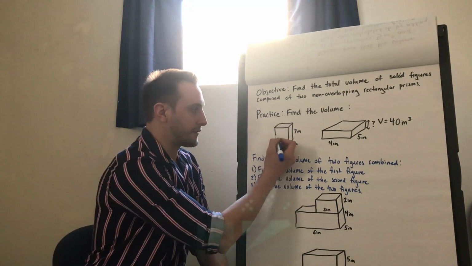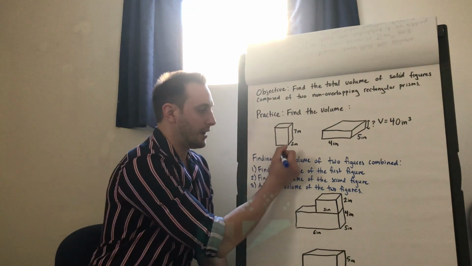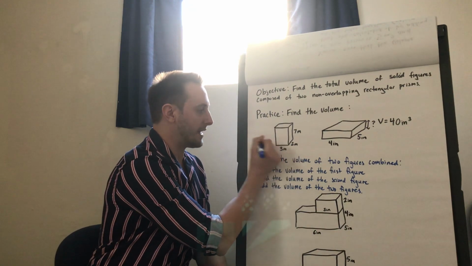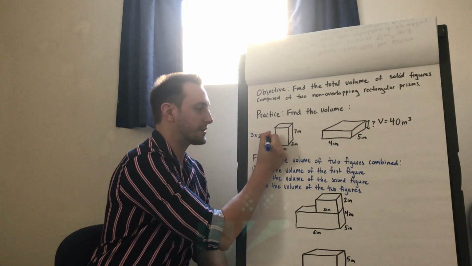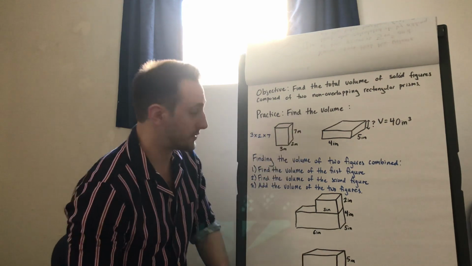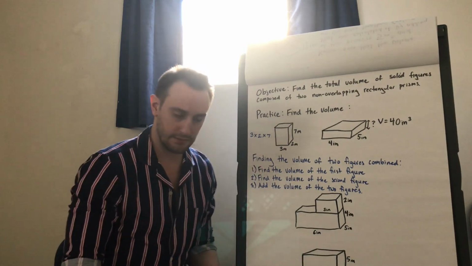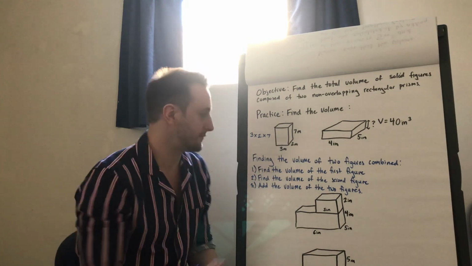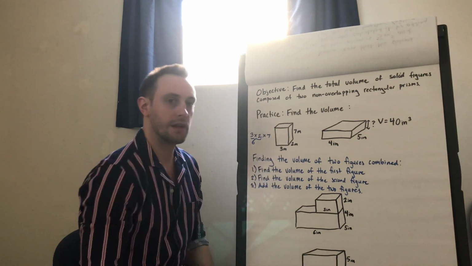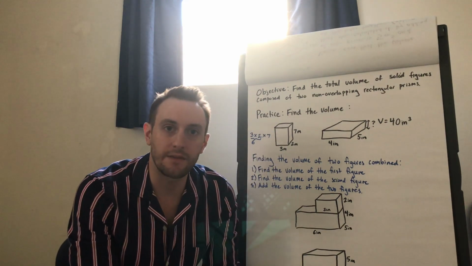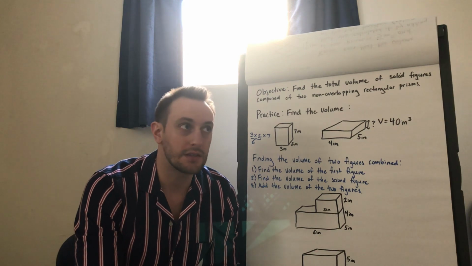So we have our first figure, we have length times width times height, we have 3 times 2 times 7 meters, of course. So 3 times 2 is 6. And then we have 7 times 6.